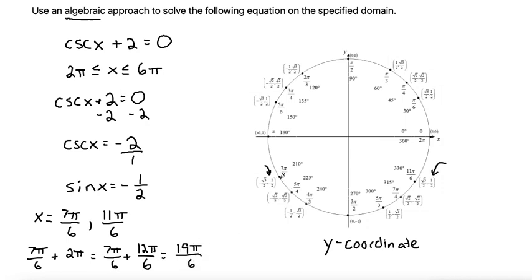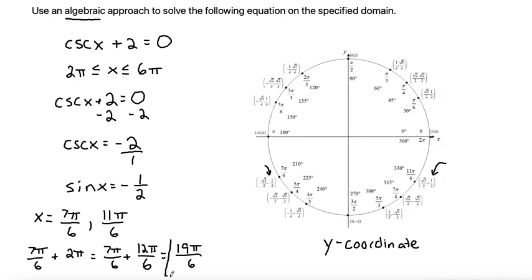So since that is adding 2 pi, that would be between 2 pi and 4 pi, because it would be the second rotation. But we also want to find the answer between 4 pi and 6 pi, and that would be going around the circle once more.